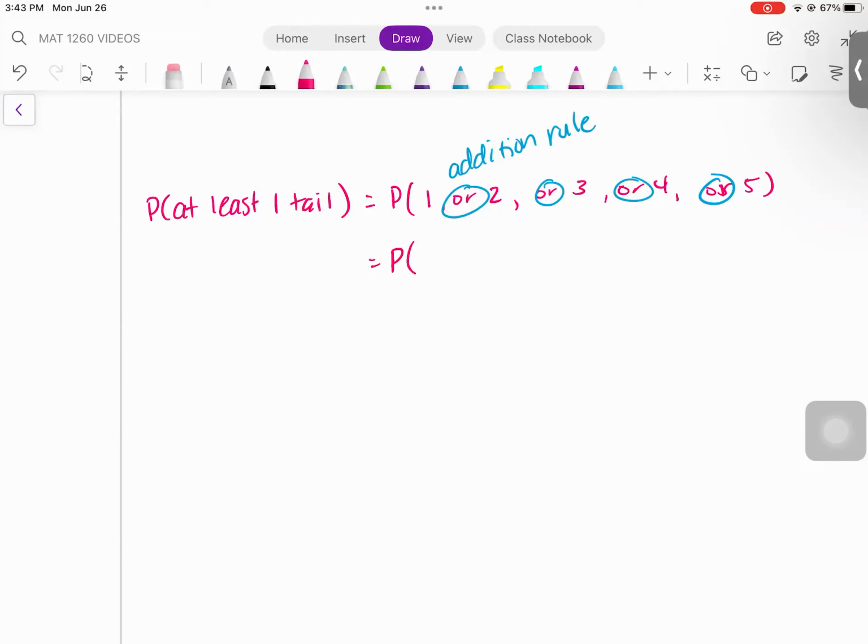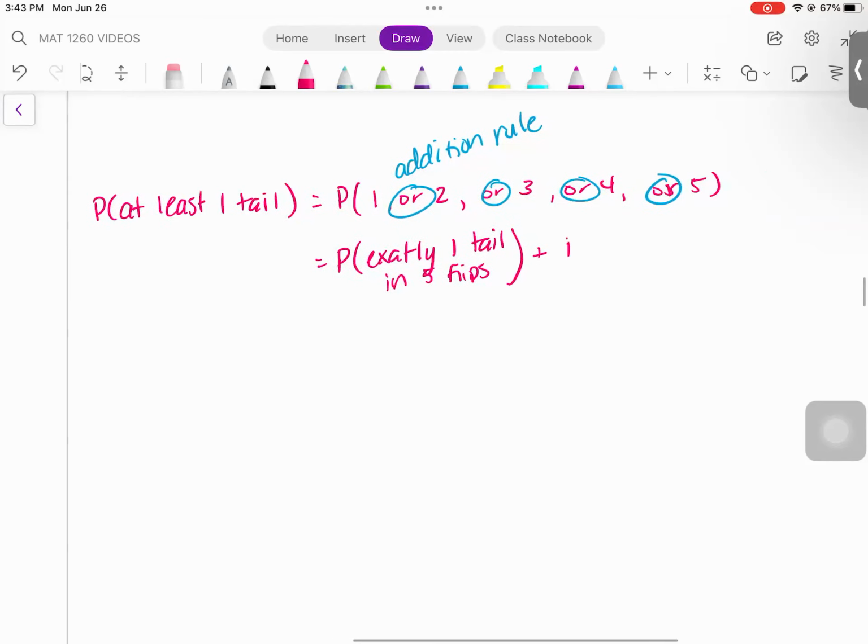So we want to find the probability of exactly one tail in 5 flips, plus the probability of exactly 2 tails in 5 flips, and so on and so forth.